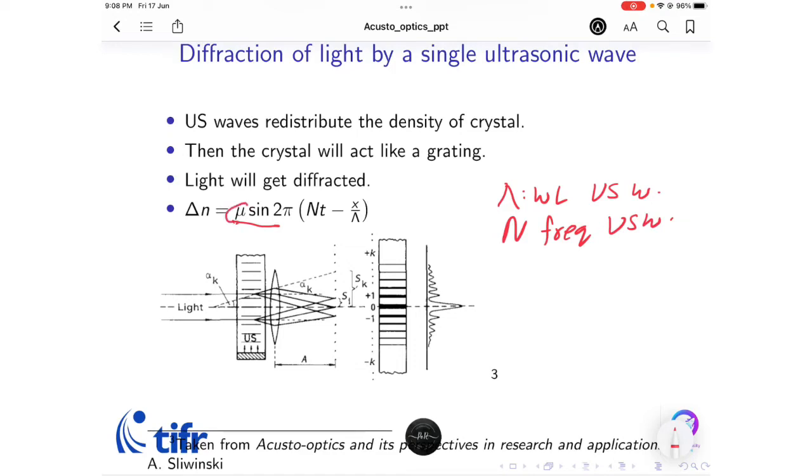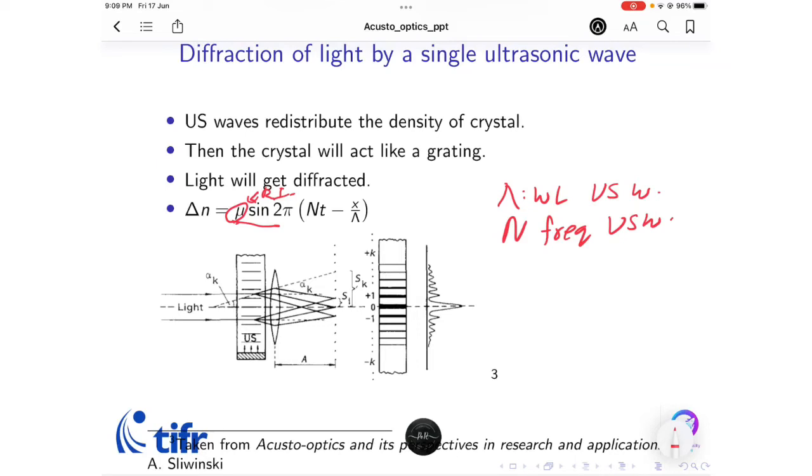Mu is the amplitude of the refractive index, and this sound wave is passing through this crystal and will redistribute the density of the crystal. Then the crystal will act like a grating, and the same as a grating, you will get the diffraction pattern like this.